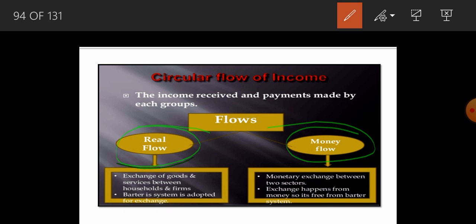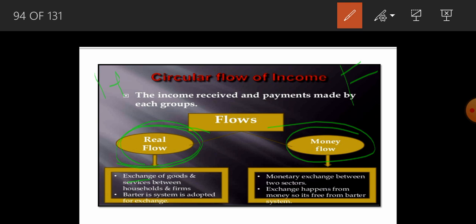Real flow means where there is the flow of only goods and services. So it's written: exchange of goods and services between the household and firm. Between households, meaning we as the general public, and firms, those who are the producing units. So when only goods and services are being exchanged between them, that is called real flow, right? There's no involvement of money.